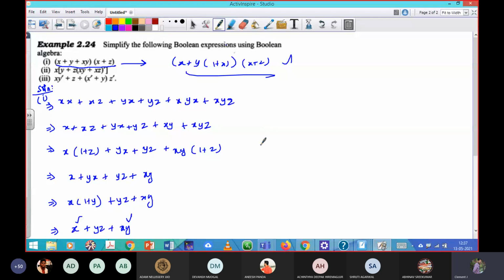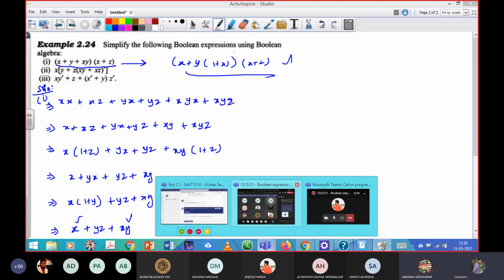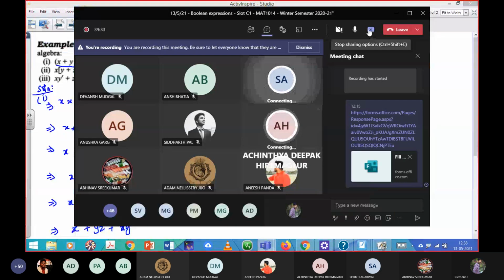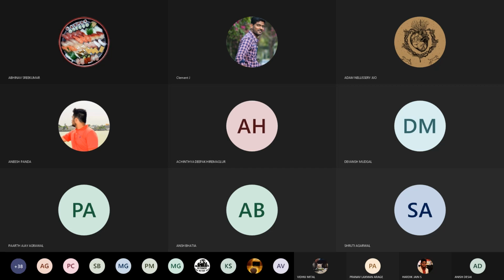So this is the way to determine the simplified Boolean expression answers. Okay. So any other doubts up to this? No, sir. Okay, fine.